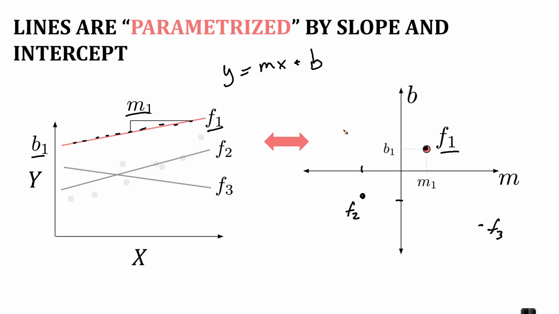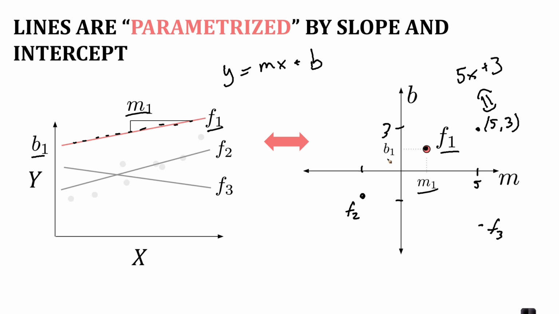So really these are all just different points. For example, if this is 5 and this is 3, this point here we would typically call (5, 3). But all I'm saying is, let this represent the function 5x plus 3, all right? So each point on this plane is representing a function over here. And that's what I mean when I say that they are parameterized.